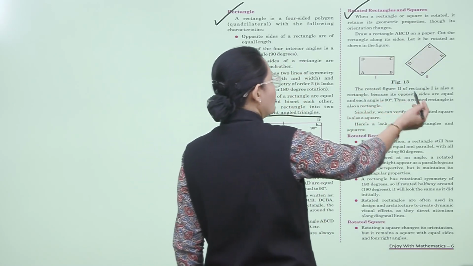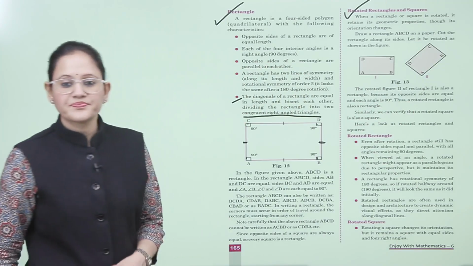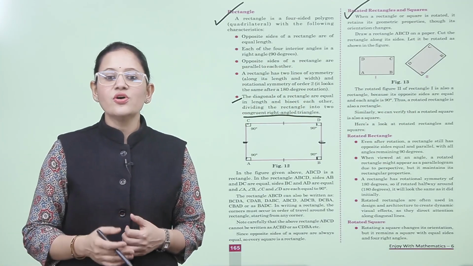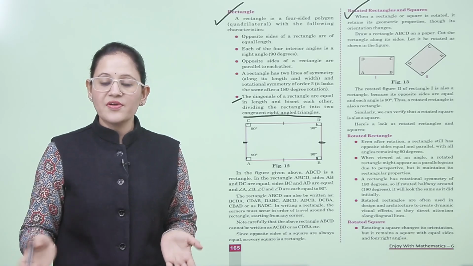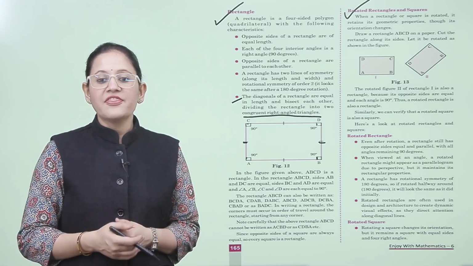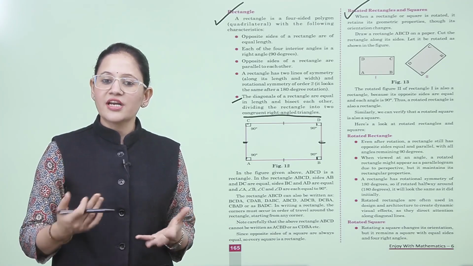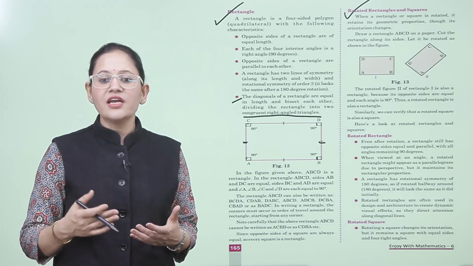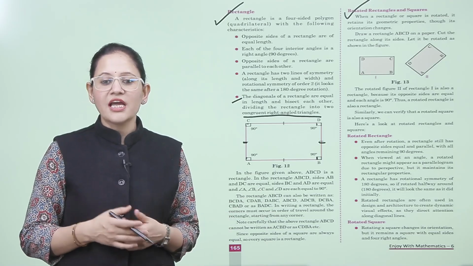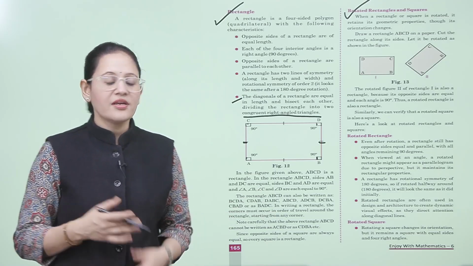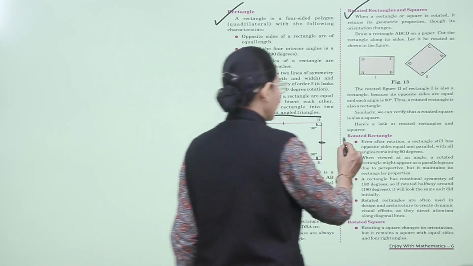The rotated figure 2 of the rectangle 1 is also a rectangle, because its opposite sides are equal and each angle is of 90 degree. Thus, the rotated rectangle is also a rectangle. Similarly, we can verify that a rotated square is also a square. Here, look at the rotated rectangle and square. First, rotated rectangle.